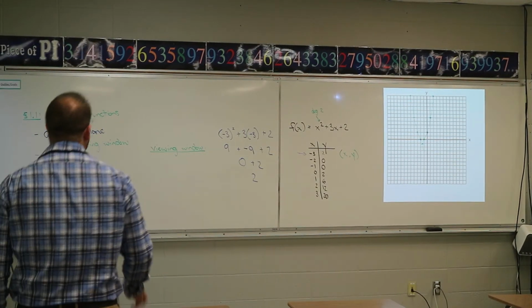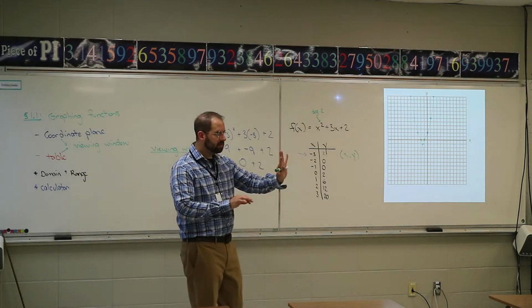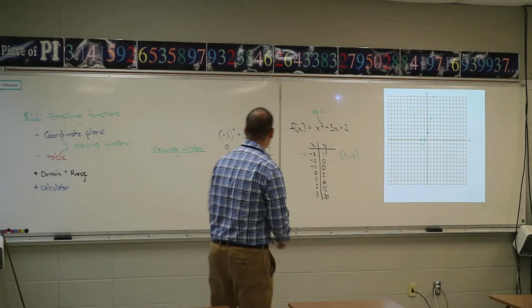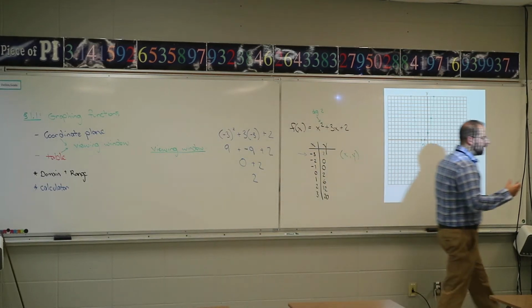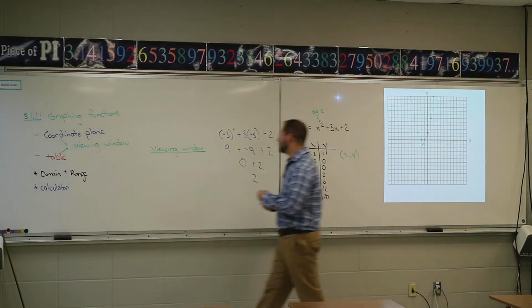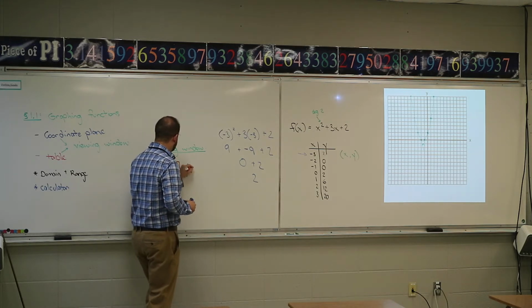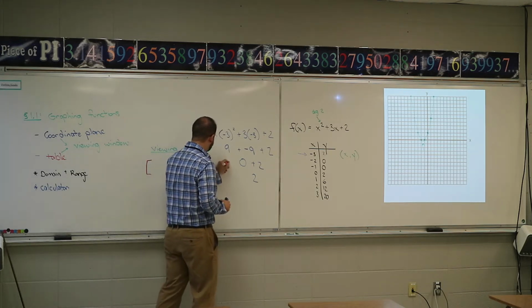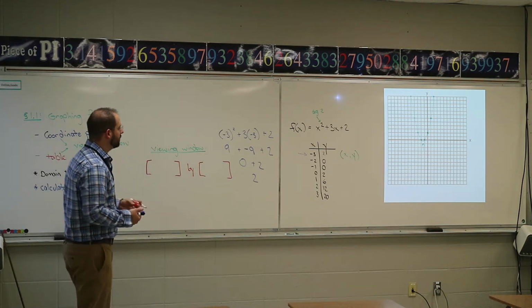For the viewing window, it's comparing the x's versus the y numbers. And when they write a viewing window, they always use brackets, not curly braces, but actual square brackets, like this. This is how they write it. We'll talk about how to change the viewing window on a calculator because it looks a little bit different.